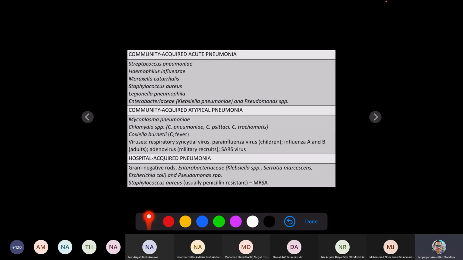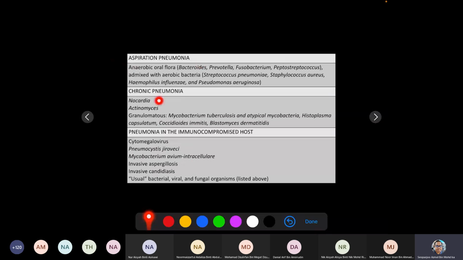So these are examples of the types of bacteria that can cause pneumonia. You can divide it into a few parts: community-acquired pneumonia, community-acquired atypical pneumonia, hospital-acquired pneumonia, aspiration pneumonia, chronic pneumonia, and pneumonia in compromised hosts.